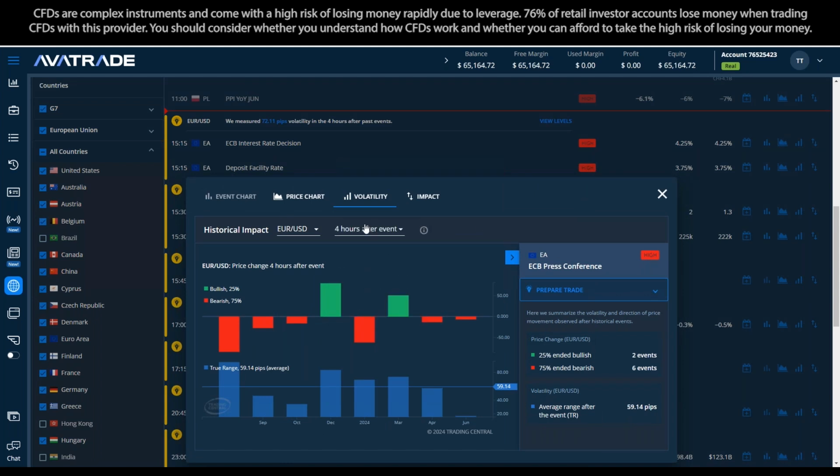You know, in the 4 hours after the event, 3/4 of the time, that's 75% of the time, the euro has weakened and the USD has pulled it down. Okay, and remember, every one of those announcements in the past came in as expected with the interest rate decision.